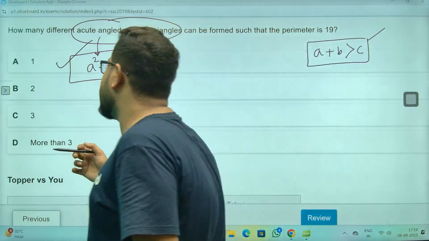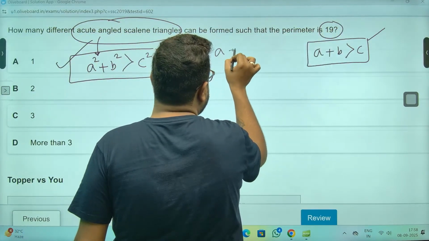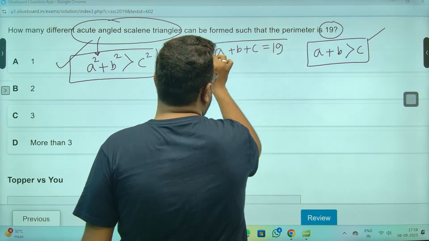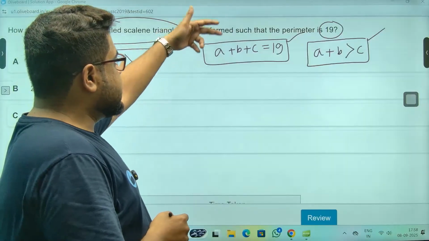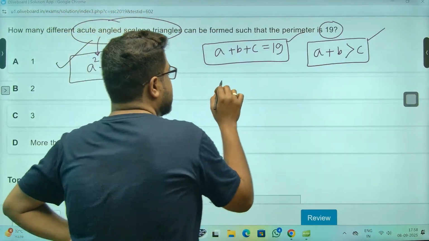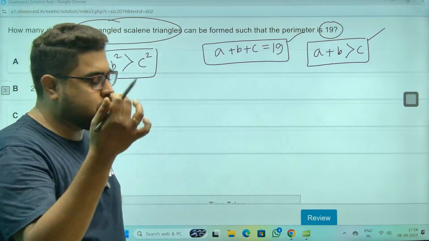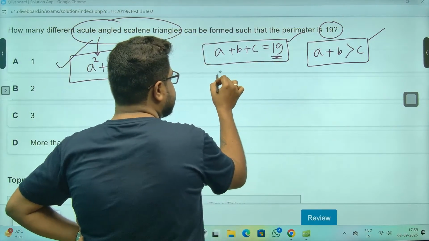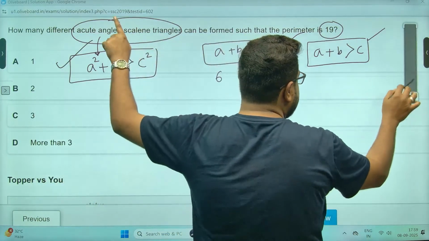Now we need to calculate. 19 is the perimeter, meaning A plus B plus C is 19. If I take equal or almost equal, this is 6, 6, 7. Again, I cannot do that because they told us it is a scalene triangle.